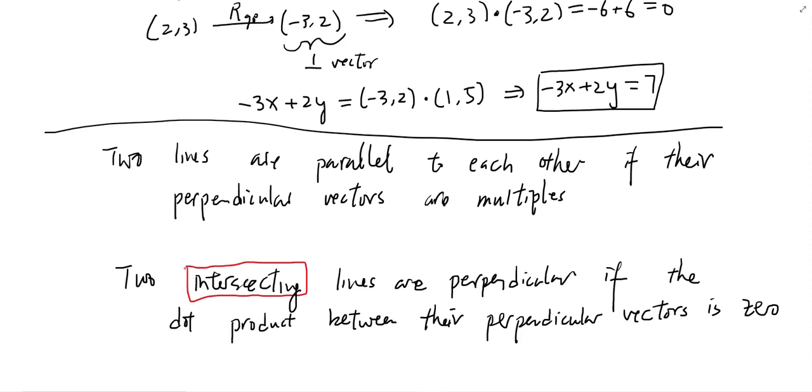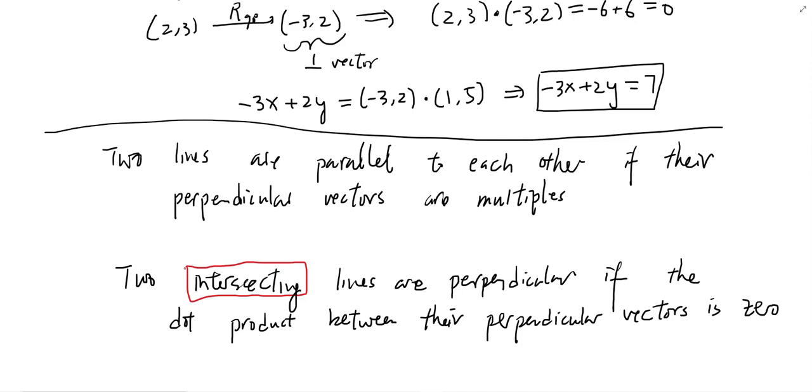As I say, in R2 that's usually not a problem, because if the perpendicular vectors are perpendicular, then in R2 the lines must intersect. Therefore it's kind of given. Just in R3 or higher, when you try to figure out whether two lines are perpendicular to each other, and notice in those instances you have to work in parametric form, you also have to make sure the two lines are not skew.